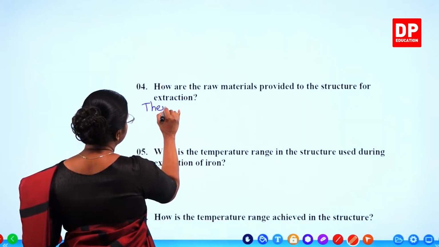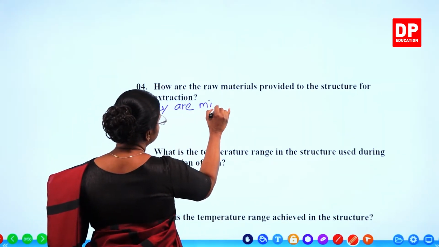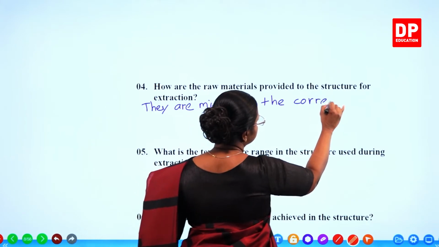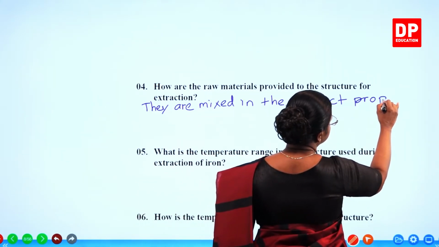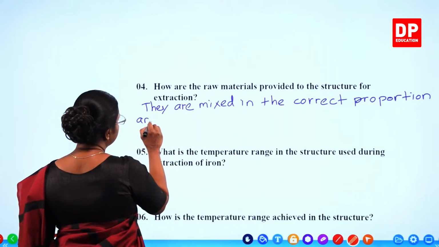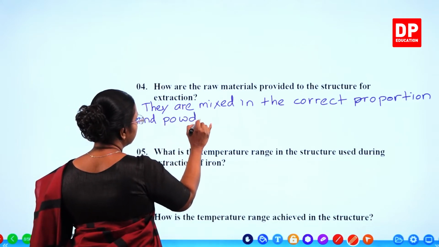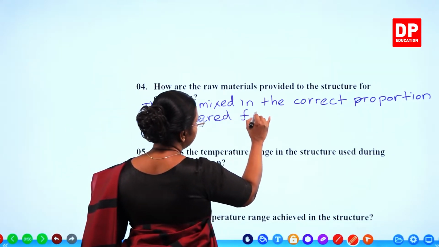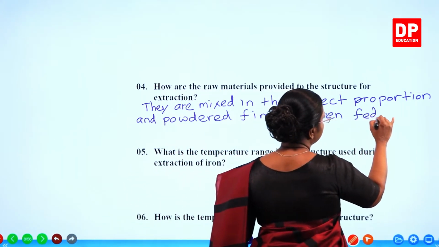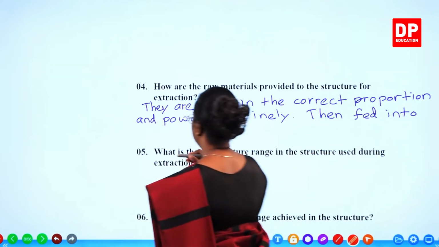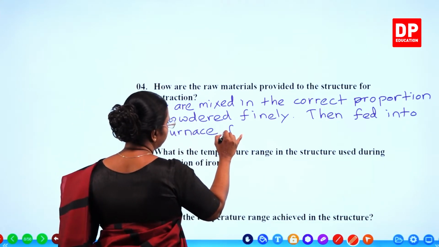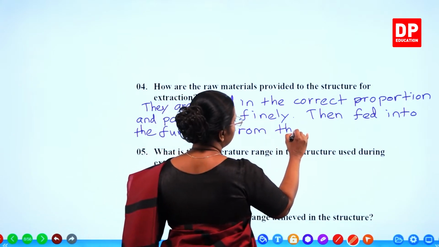They are mixed in the correct proportion and powdered finely, then fed into the furnace from the top.